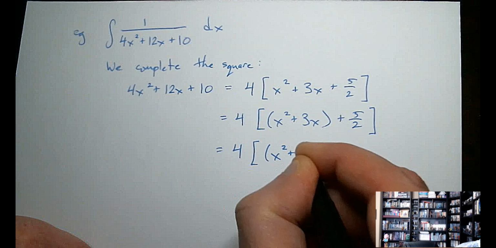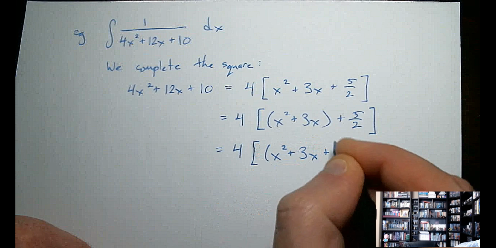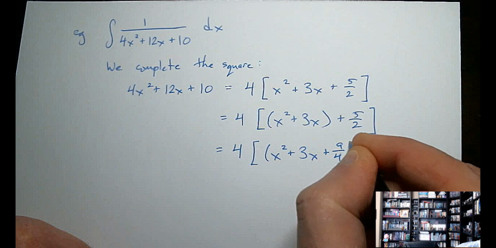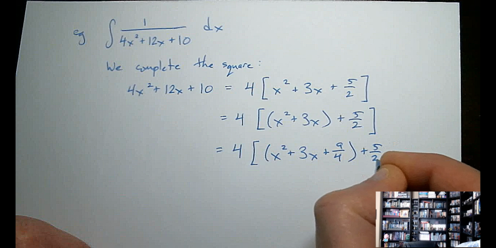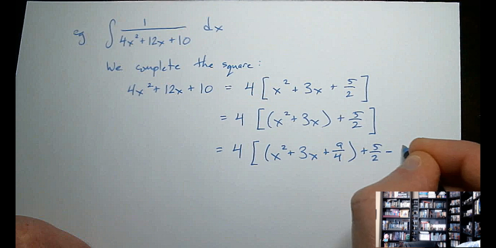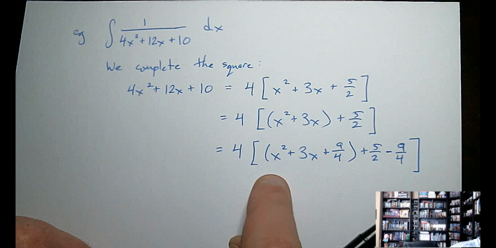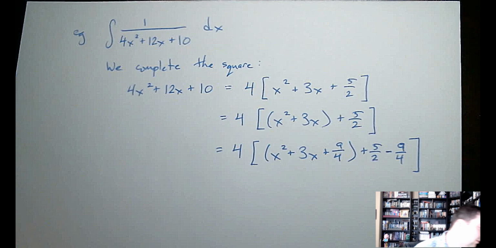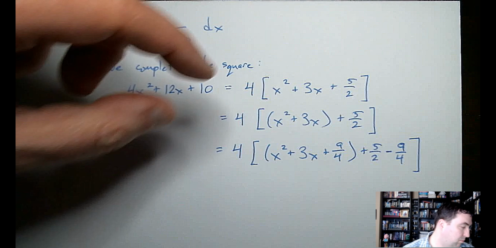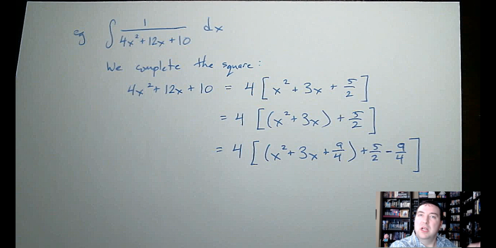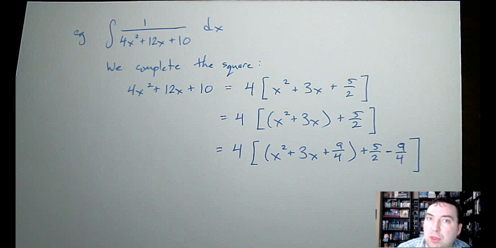So I'm going to add 9 over 4 in the round brackets, and then I'm going to subtract it outside the round brackets. But notice all of this is still happening inside the square brackets. So again, we're basically plucking this expression out, completing the square, and then we're going to put the result back in.